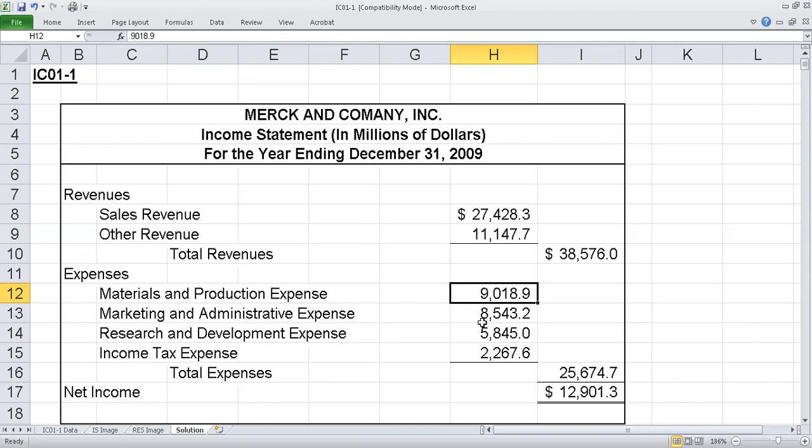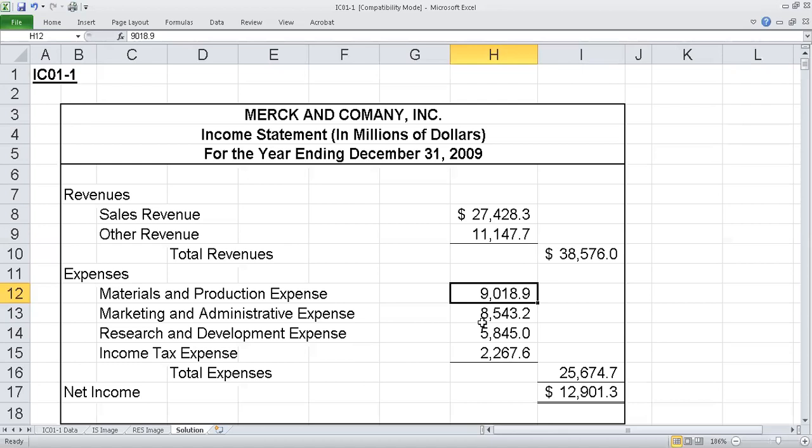The least amount of revenue you can have is 0. So on financial statements, it's relatively rare to see numbers in parentheses. And it's usually just going to be numbers like net loss, because revenues are either going to be 0 or positive values. Expenses are either going to be 0 or positive values.